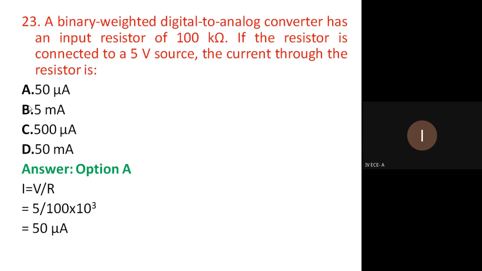We can use Ohm's law formula: I is equal to V by R. They have given the resistance value and voltage value. We have to calculate the current value. Here V is 5, R is 100K. So it gives 50 microamps. So the option is A. Sometimes they ask this type of simple questions.